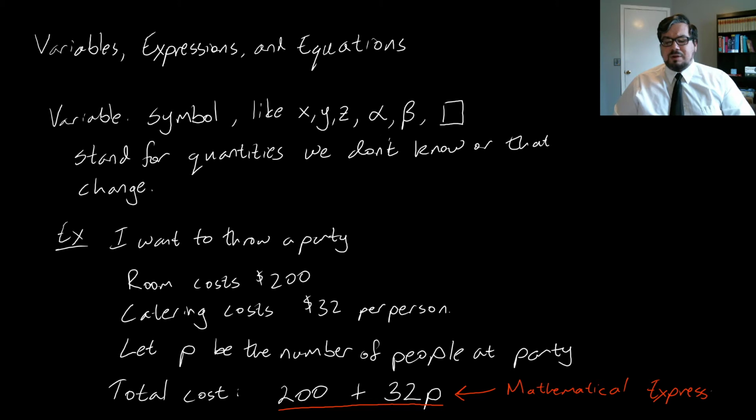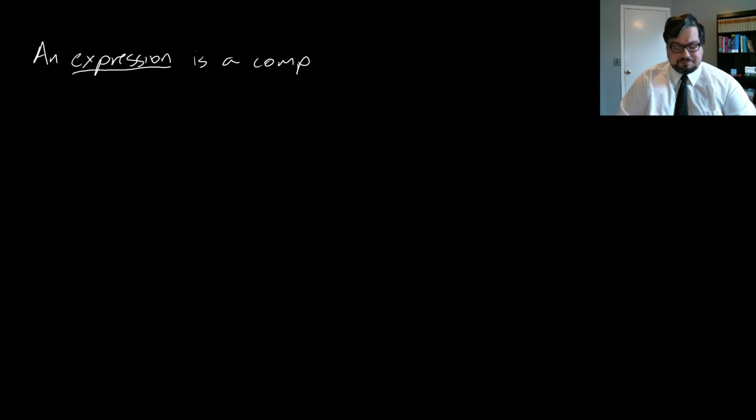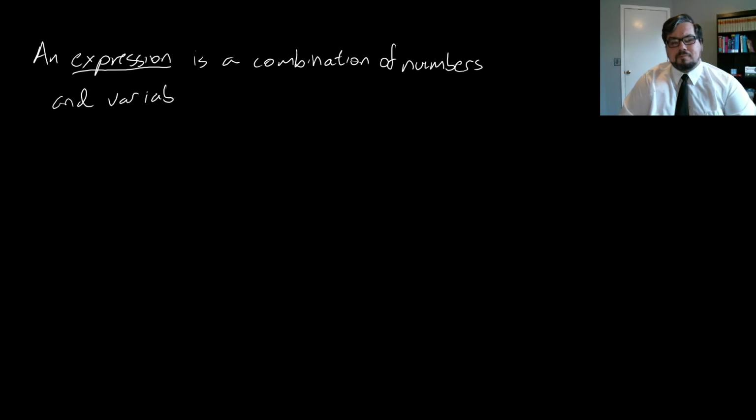Now, this is an example of a mathematical expression. And an expression is one of the most basic ideas that we have in algebra, one of the most basic things that we're going to work with. So let's go ahead and define it. An expression is a combination of numbers and variables using mathematical operations.